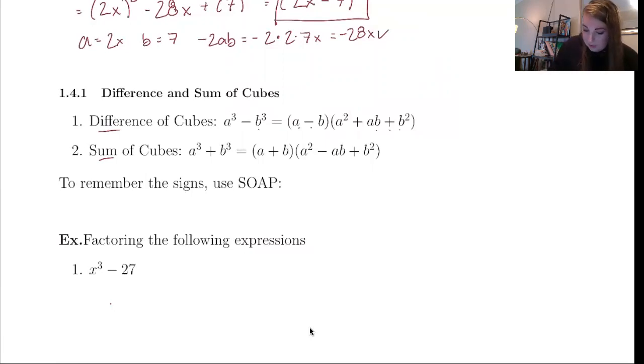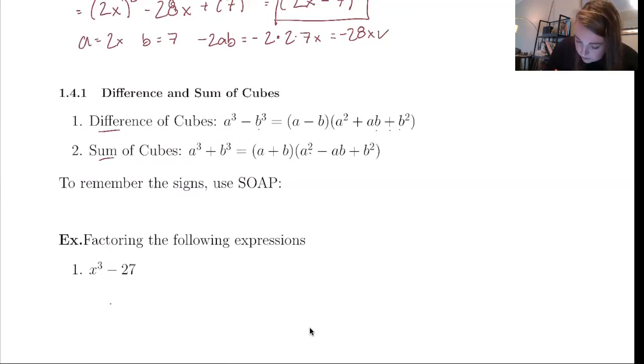And sum of cubes, meaning I have a cubed plus b cubed, would equal a plus b, a squared minus ab plus b squared. And you're like, that is so much to remember. If you remember the outline of a something b times a squared something ab something b squared, then all you need to remember, which I promise sounds like a lot, is easier to remember.